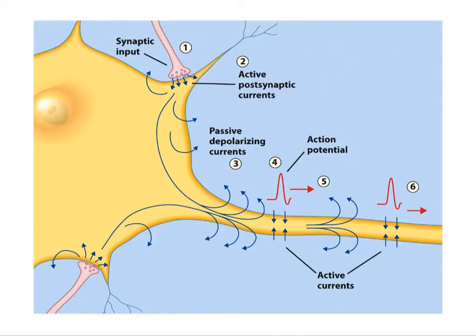I should be clear, though, that once this action potential starts, there are sodium channels all down the length of this axon, and so it starts a series of action potentials that will continue down the axon until the action potential reaches the axon terminal.